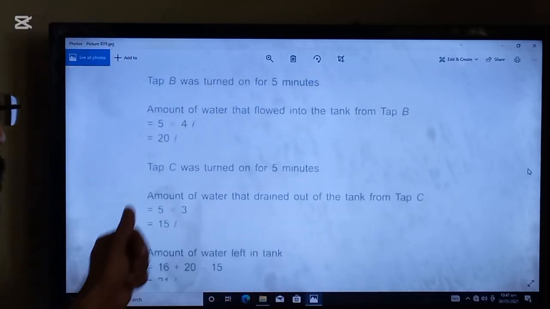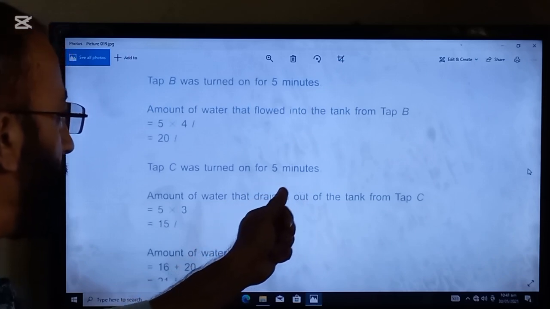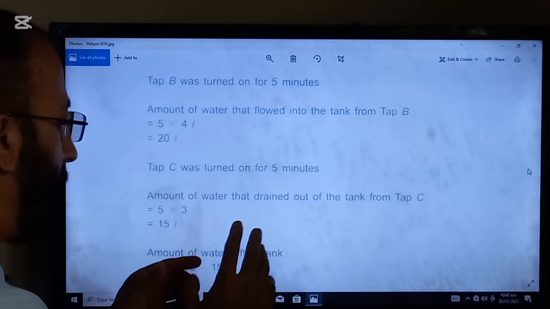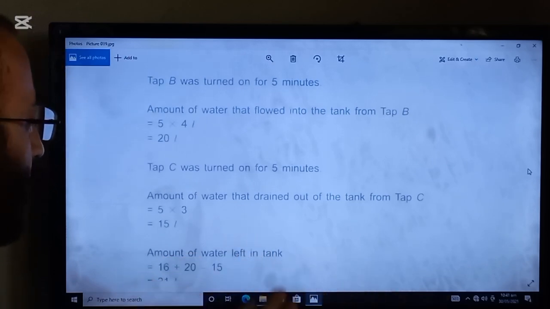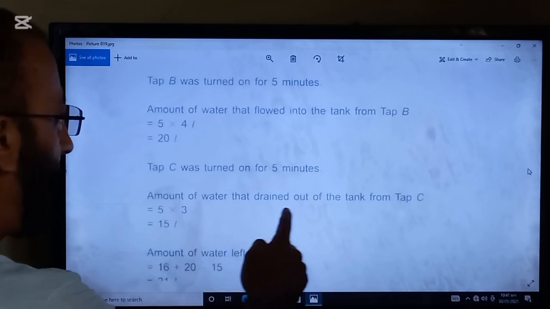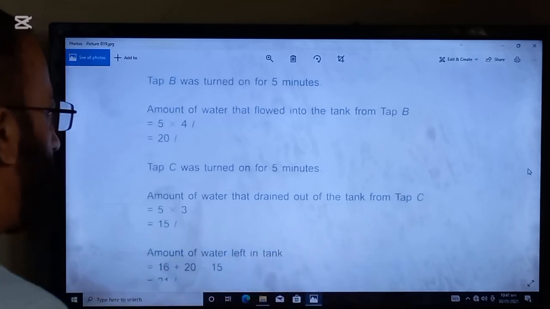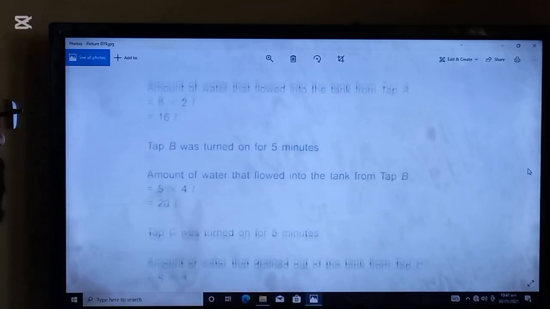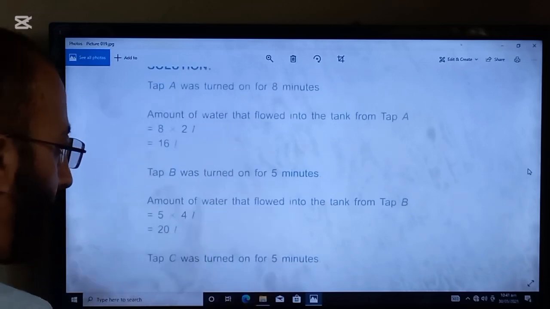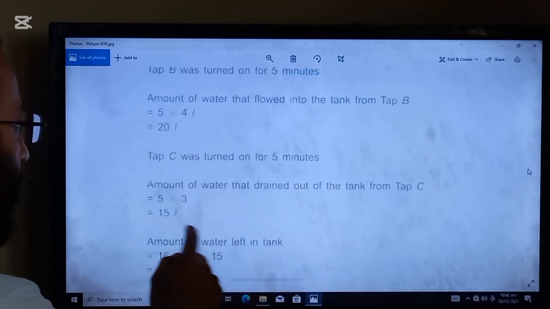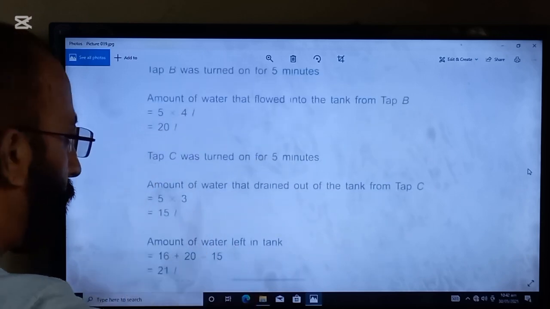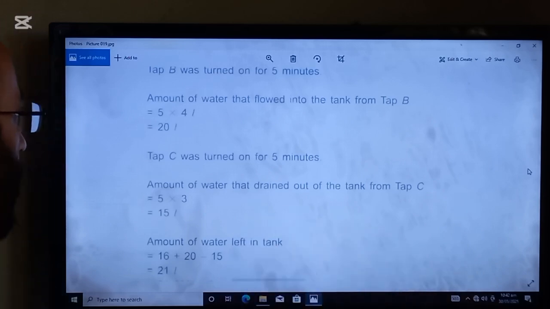And tap C was turned on for 5 minutes. So multiply 5 with the rate of the water drained by the tap C, that is 5 into 3. So that is the water drained out of the tank from tap C. So now we will add these values first. That is actually the water that is flowing into the tank, and subtract this value from the sum of the previous two values, because this water is actually flowing out of the tank.